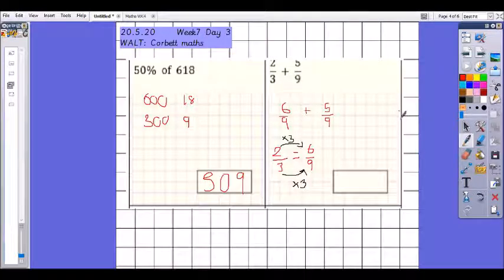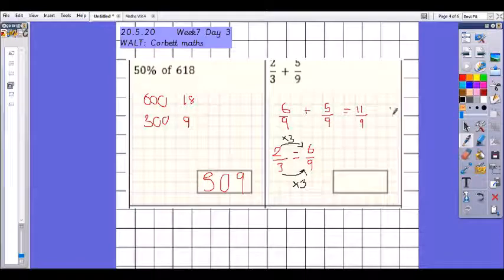So now I can go back to my addition. 6/9 add 5/9. The denominator stays the same. 6 add 5 is 11. Now this has given us an improper fraction, which means the numerator is bigger than the denominator.